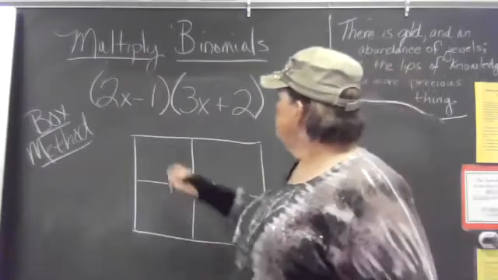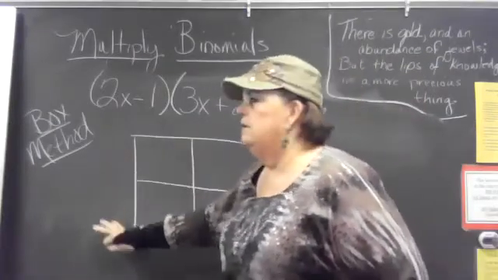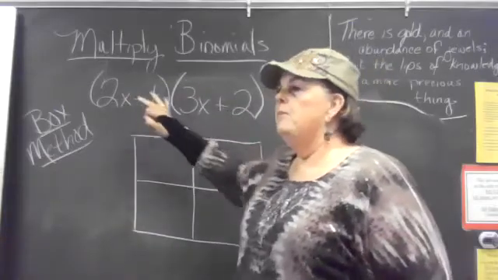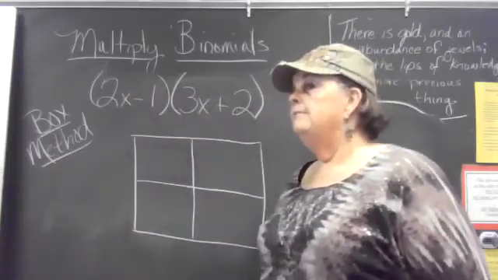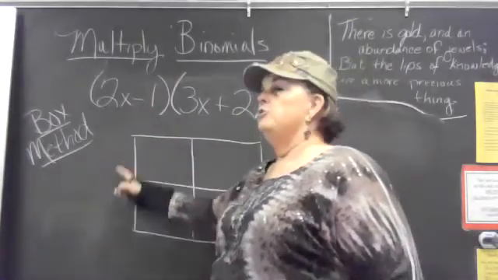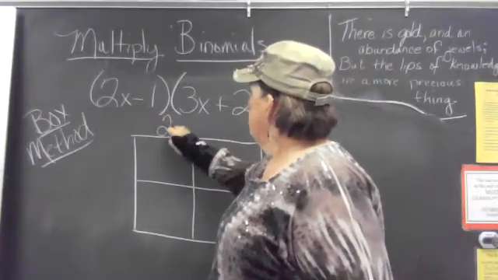Now, what you're going to do is put numbers on top and numbers out to the side. It does not matter which one of these goes on top and which one goes on the side. Okay? I'm going to just put this on top. It could just as well go here. So I'm going to put a 2x right here.